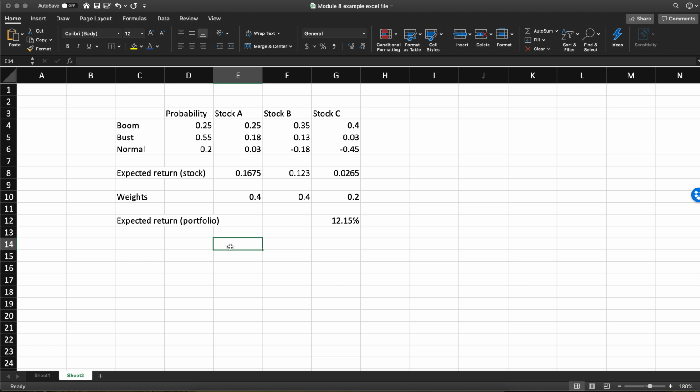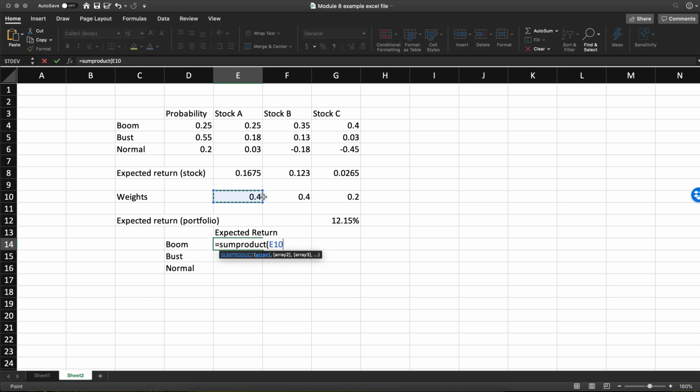The shortcut says that there are 3 possible states of the world: boom, bust, and normal. And it says what is the expected return on the portfolio given these weights in each state of the world. Well, this is a sum product of the weights.